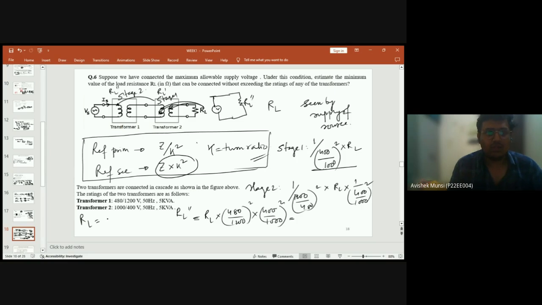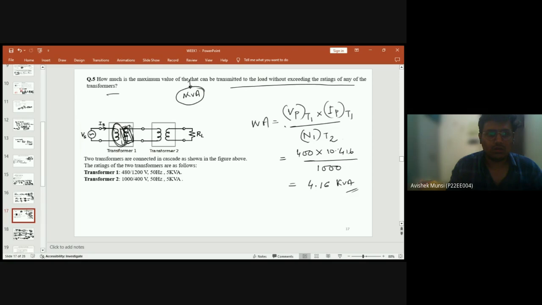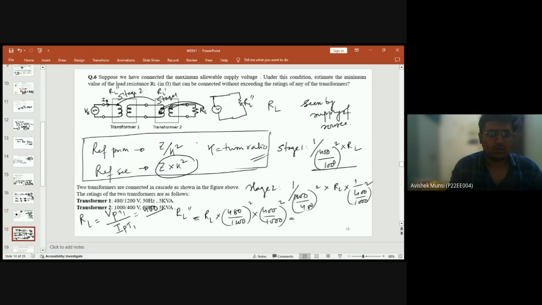But what is the value of RL? If you convert it here, then that will be the primary voltage of transformer 1 divided by the primary current of transformer 1. Right? So we calculated 400, and this is 10.46.